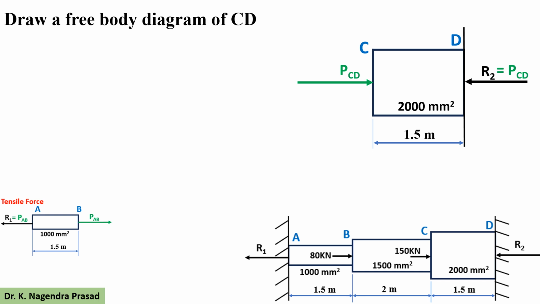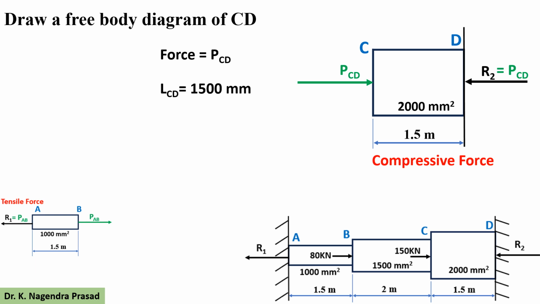Here, the nature of the force is compressive. The length of portion CD is LCD equal to 1500 mm and the cross section area of portion CD is ACD equal to 2000 mm square.